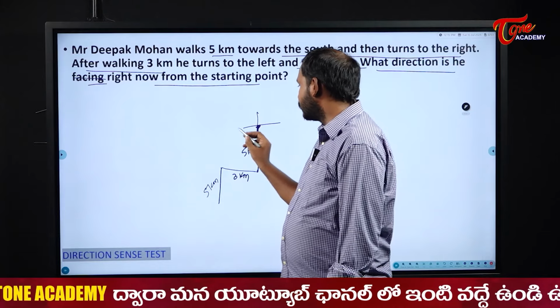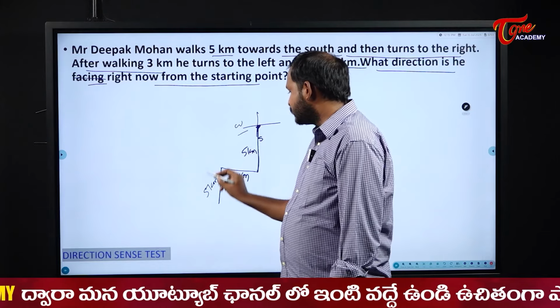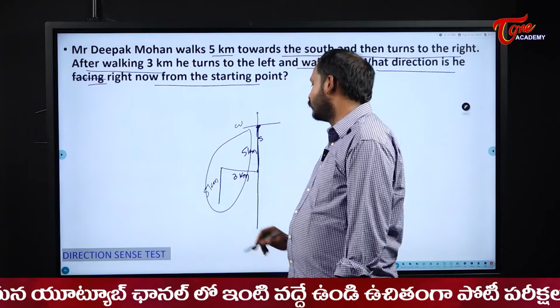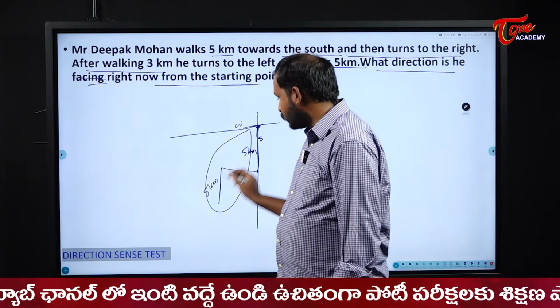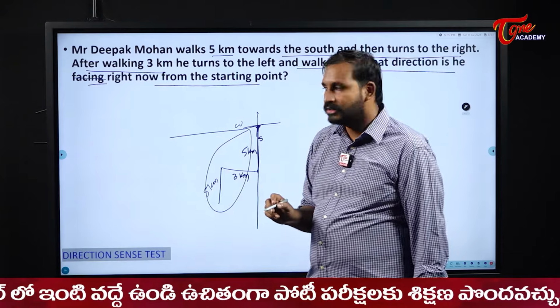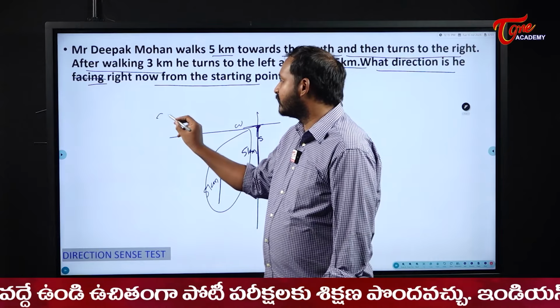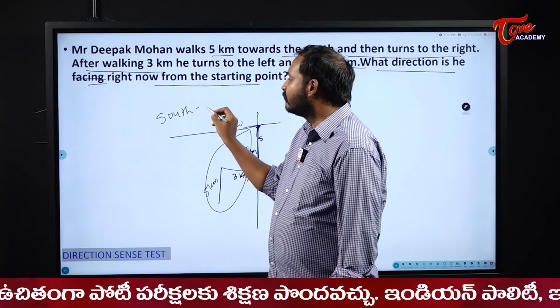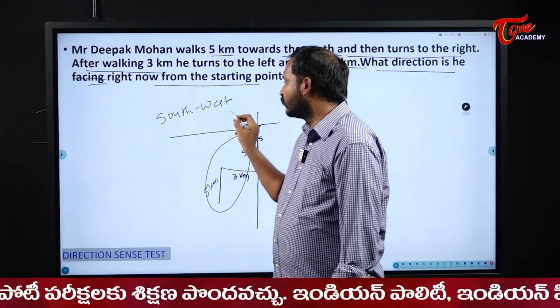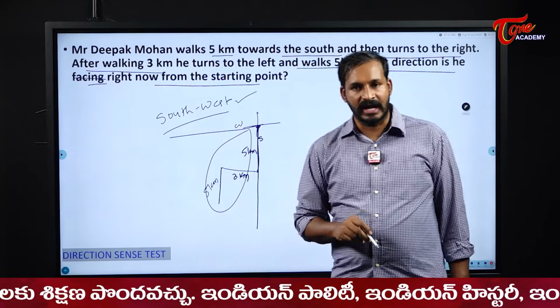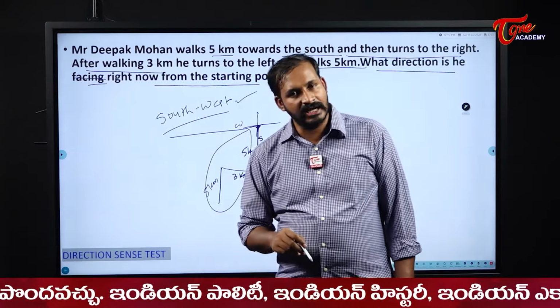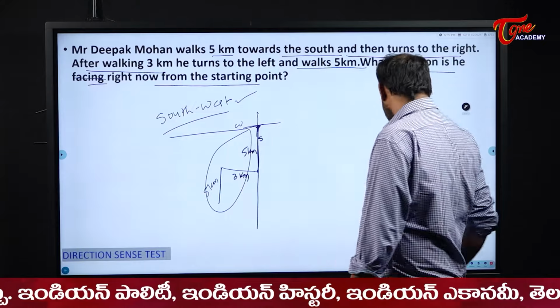We know this is south and this is what? West. All this entire region. Is he straight to this one? No. Is he straight to this one? No. So this entire region comes under what? Southwest. So our answer here becomes southwest. This is how we need to track the path, and after tracking you need to write the answer.